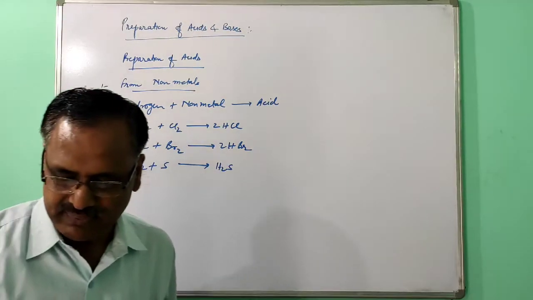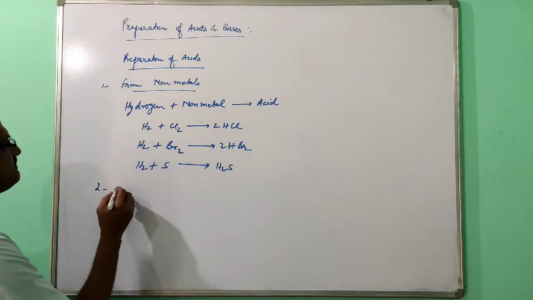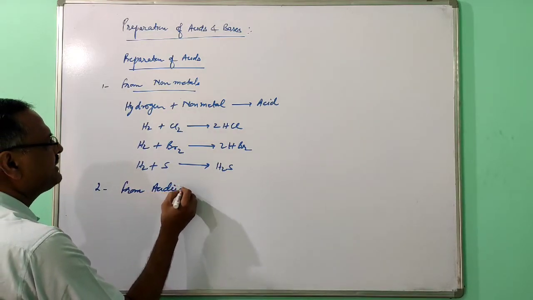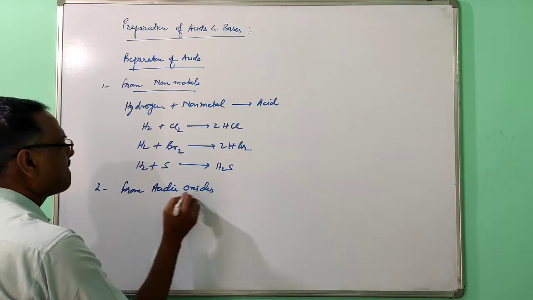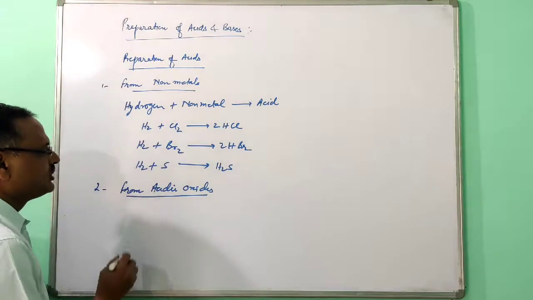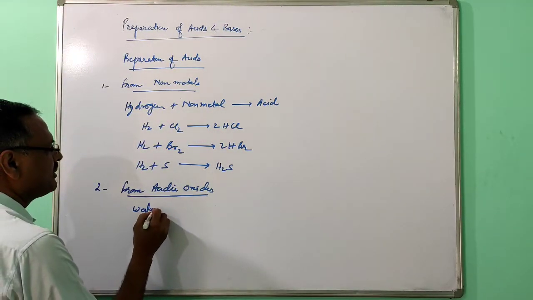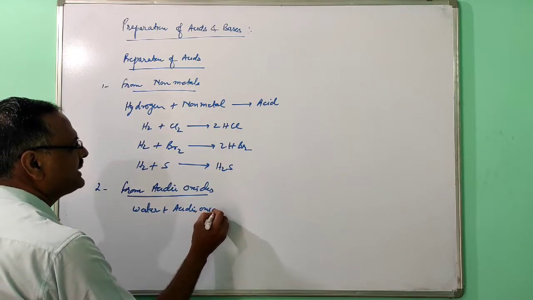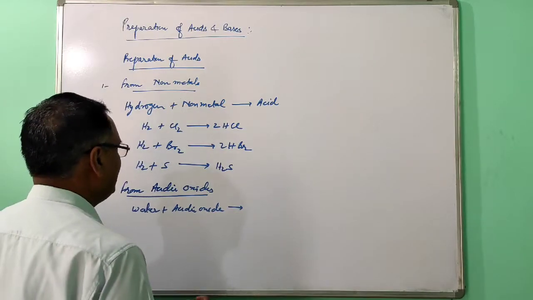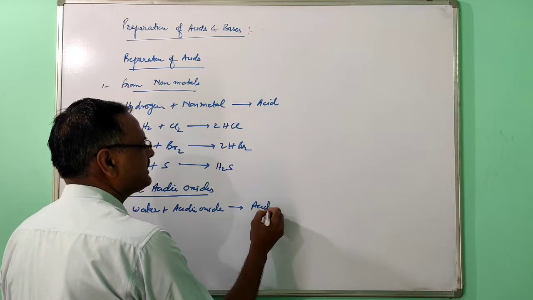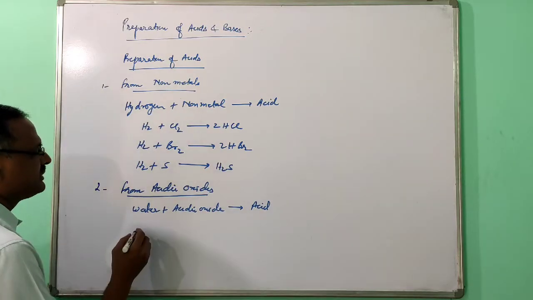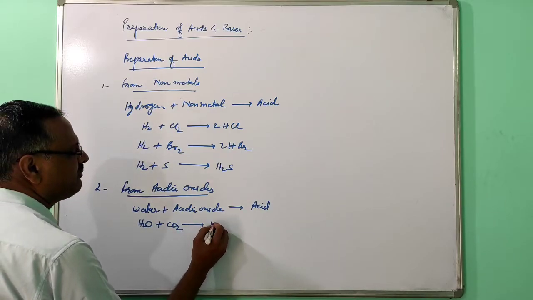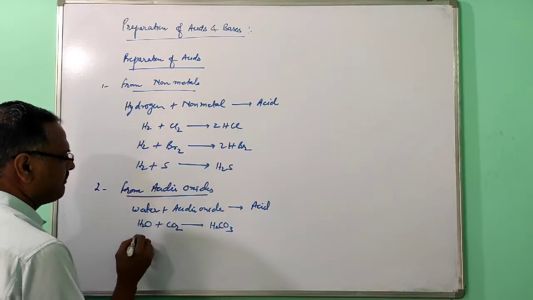Then the second method is from acidic oxides. Water plus acidic oxide, they will combine and form acid. Water combined with carbon dioxide forms carbonic acid.